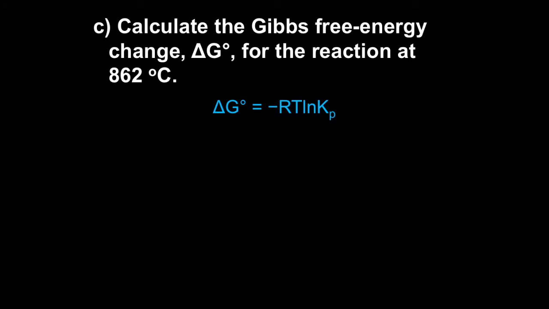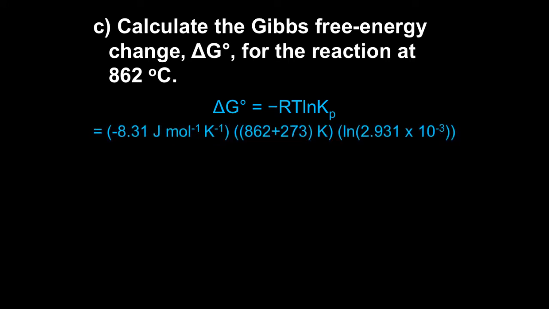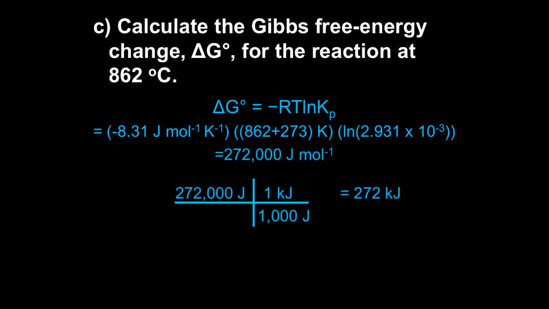And temperature T has to be in Kelvin, so you have to add 273 to the Celsius temperature that we have. And ln Kp we just calculated in question B. So after you plug everything in, you have to make sure to convert it back to kilojoules, and you have to divide it by 1000 because 1000 joules equals 1 kilojoule. So the answer is 272 kilojoules per mole.